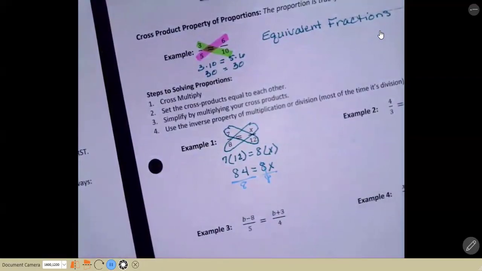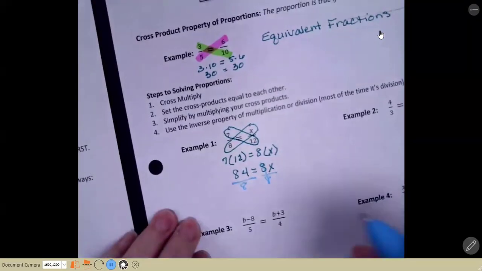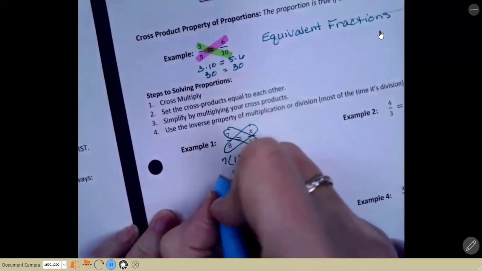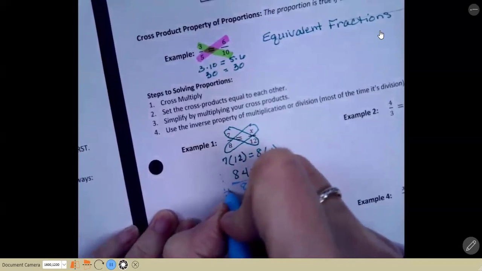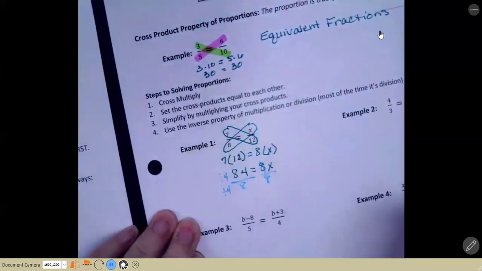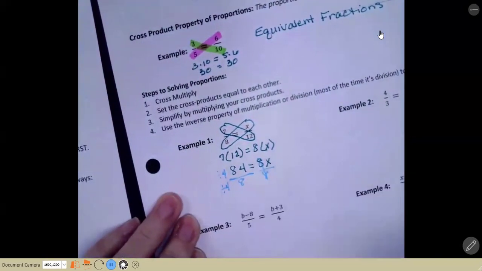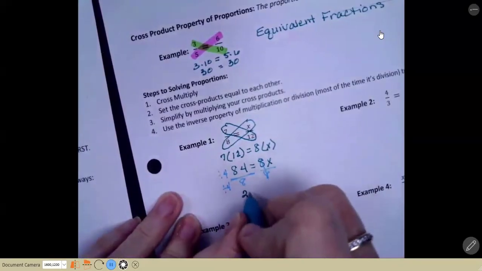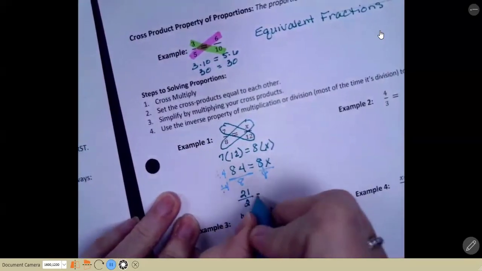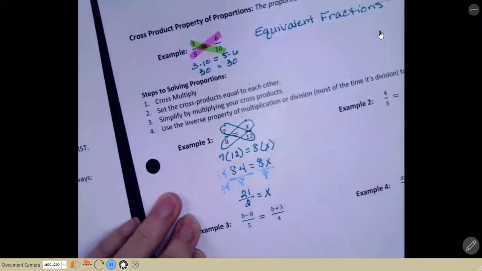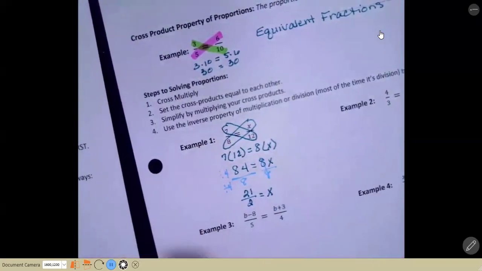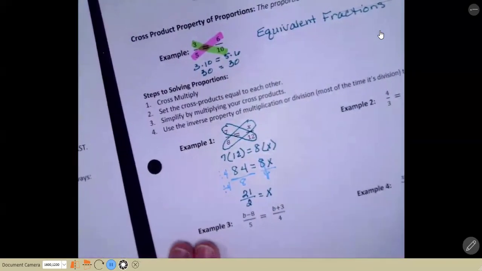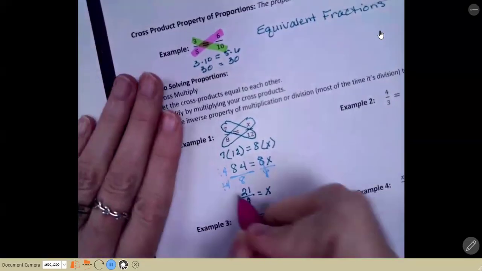Remember, I don't want decimals, so we're going to reduce the fraction. And we can reduce it by dividing both the top and the bottom by 4. Okay. 21 over 2 equals x. And that's your final answer. 21 over 2.